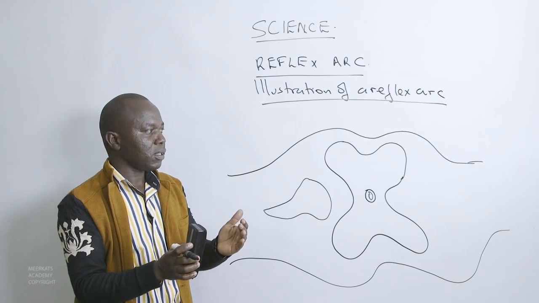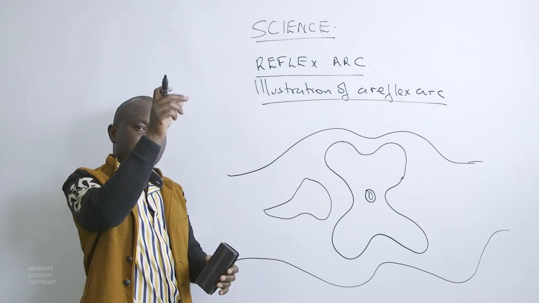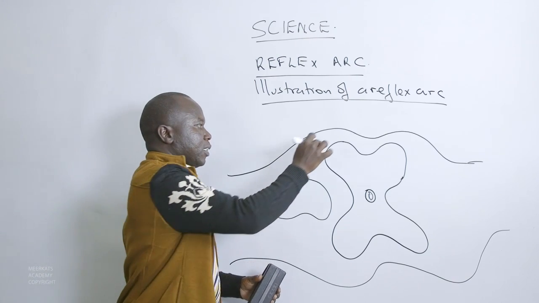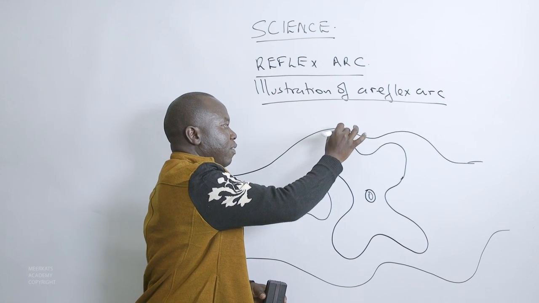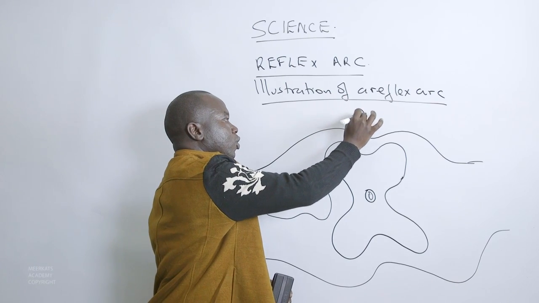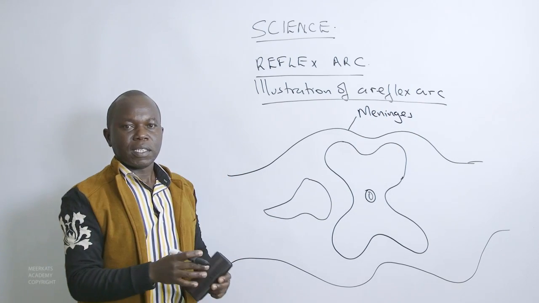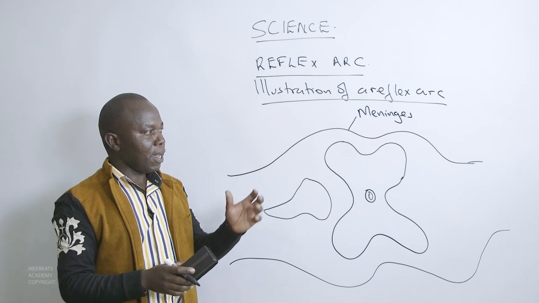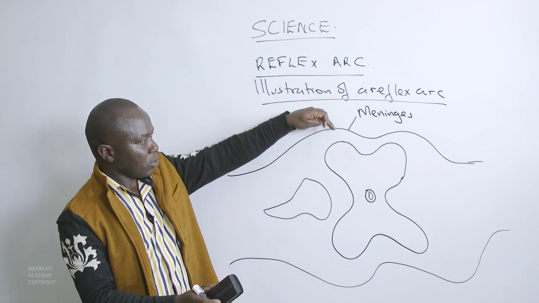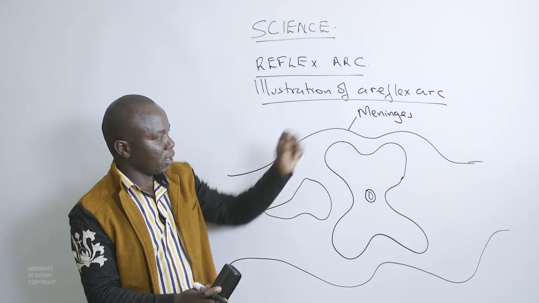We have other materials covering the spinal cord. Remember where it is found? When we are looking at the skeletal system, we realize that in the vertebral column is where we have the spinal cord. But it has meninges, it's covered with meninges, just like the brain. Meninges are those membranes that cover the brain, and they extend downwards even to the spinal cord. So the outer part is composed of the meninges.